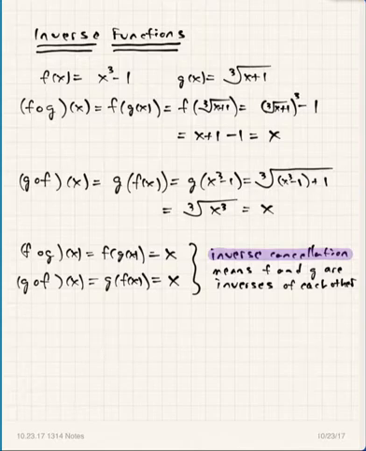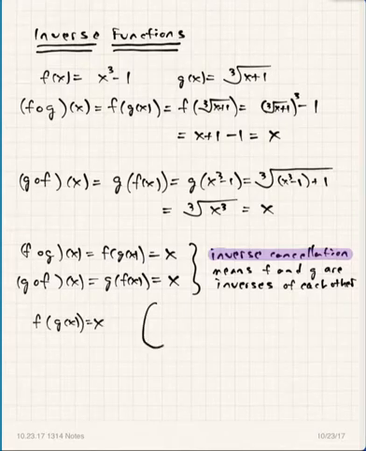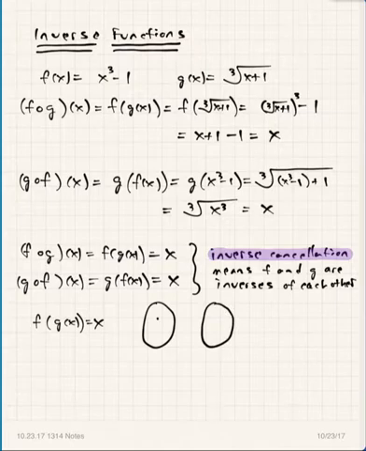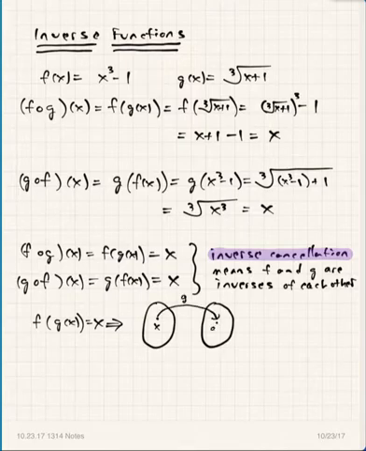All right, if you draw the pictures that we talked about last week for composition, so for example, if we look at f of g of x equals x, and we draw these little pictures out with domains and ranges, we start with x, and g is the function that starts first on x and takes x to g of x.